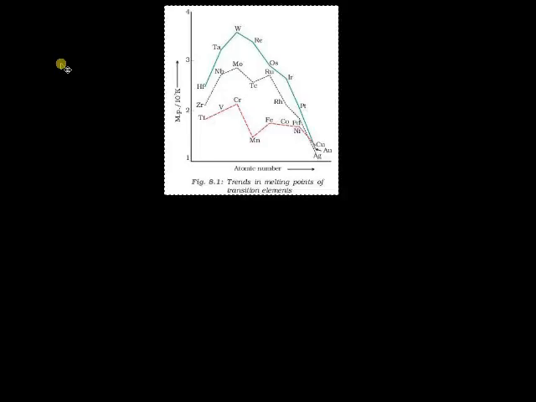In metallurgy, you would again learn that zinc, cadmium metals are refined by evaporation. They are volatile metals and so they can be easily evaporated and purified that way.